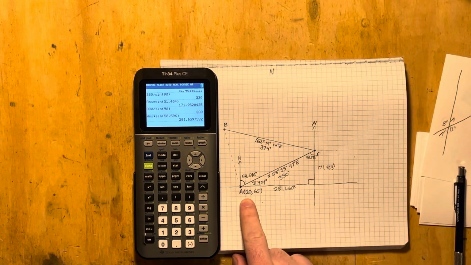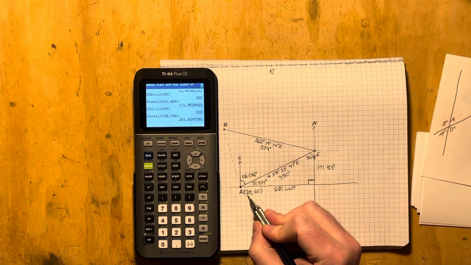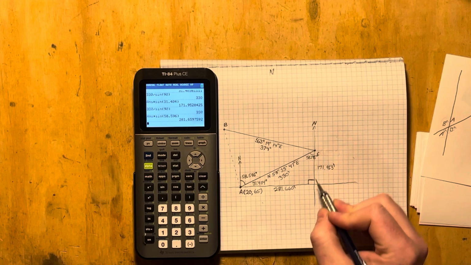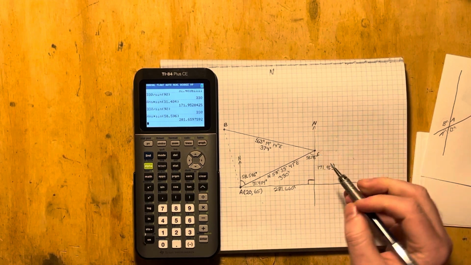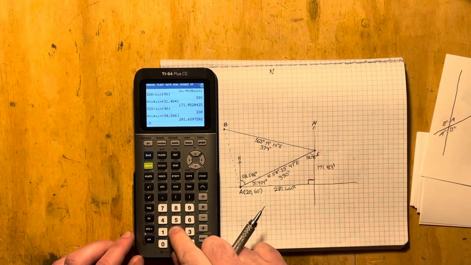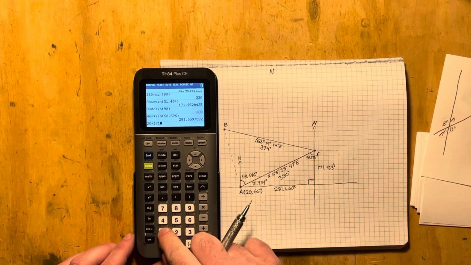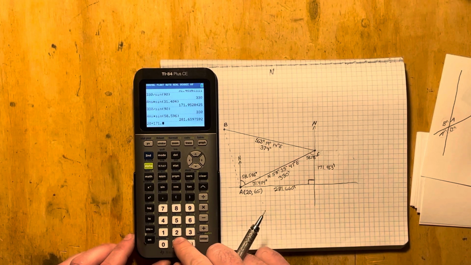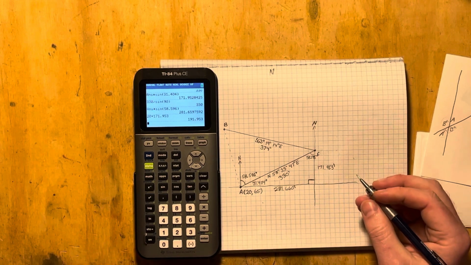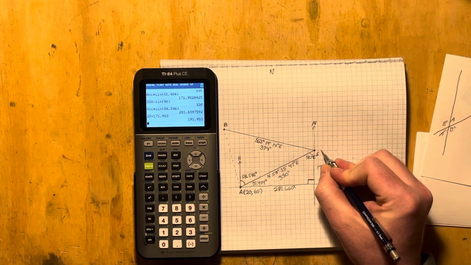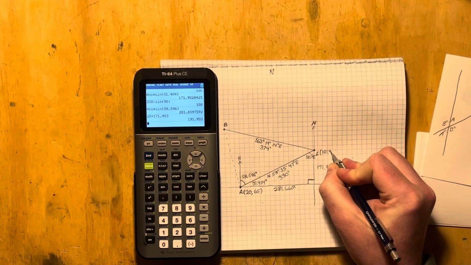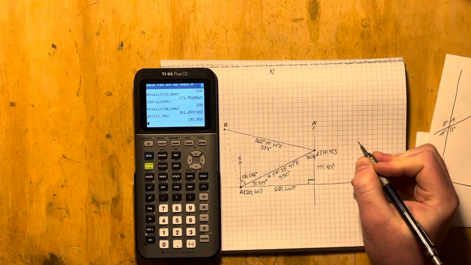We have the coordinates of A, so we know that it is at 20 north. Well, we have this distance here that is the north-south distance between A and C. So all we have to do is take that 20, add that 171.953, and we find that C is at 191.953 north.